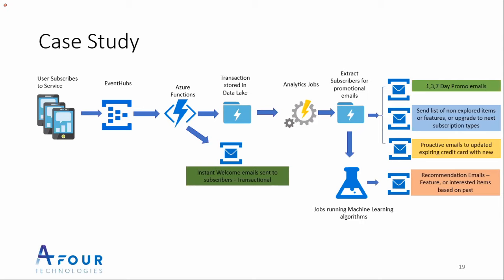Nowadays, whenever you subscribe to any service, there is one checkbox which says, do you want to receive promotional emails or not. So this is a very important point one has to understand. So whenever you create your catalog with this kind of users, you actually put a flag whether he wants promotional email or not. So when you're generating the list for 1 day, 3 day, and 7 day, you are actually running your job to extract data from all the users which are subscribed to your database, subscribed to your product.